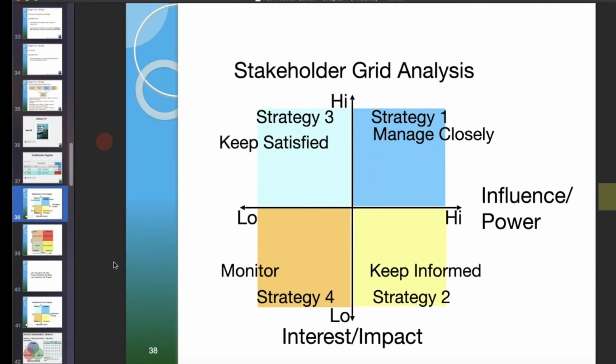Less important than keep informed? Less important than monitor? More important than keep informed? So you see what I'm saying? So the answer would be less important. Strategy 3, keep satisfied, is less important than a strategy 2 person, keep informed.